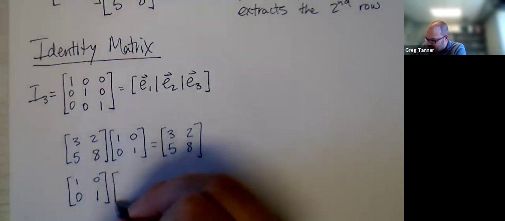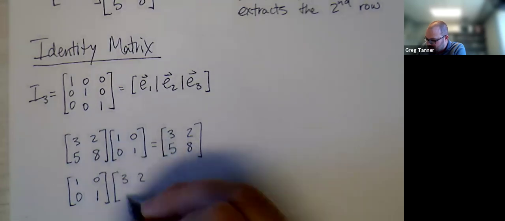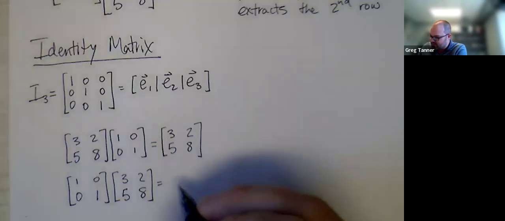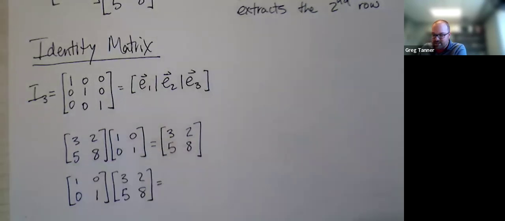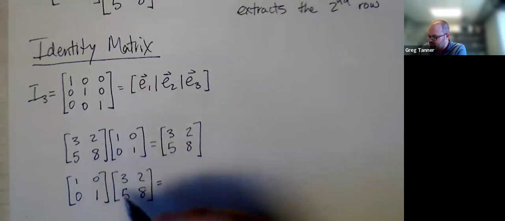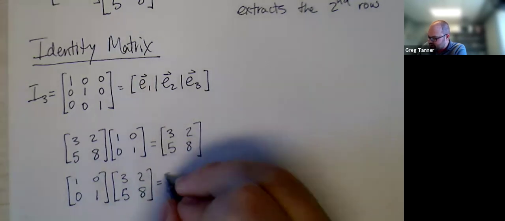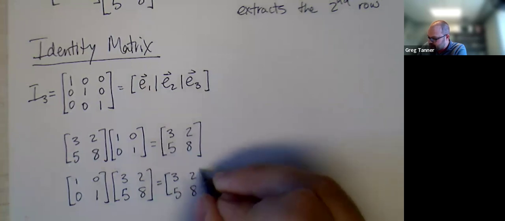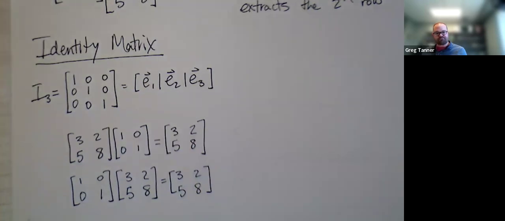And so although I said in general order matters when you're multiplying matrices, when one of those matrices is the identity matrix, it doesn't matter which side you put the identity on, you will get the same matrix out, and you can verify that by doing the multiplication.